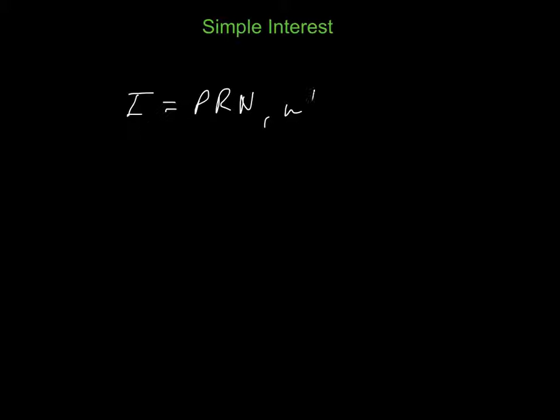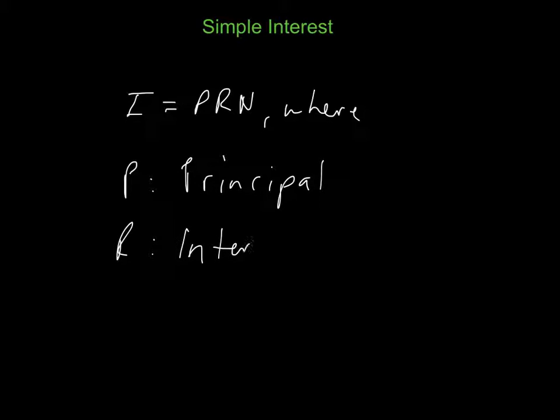Where P stands for the principal, and the principal is the amount of money that you are borrowing. R stands for the rate, so the interest rate, and N stands for the number of time periods.